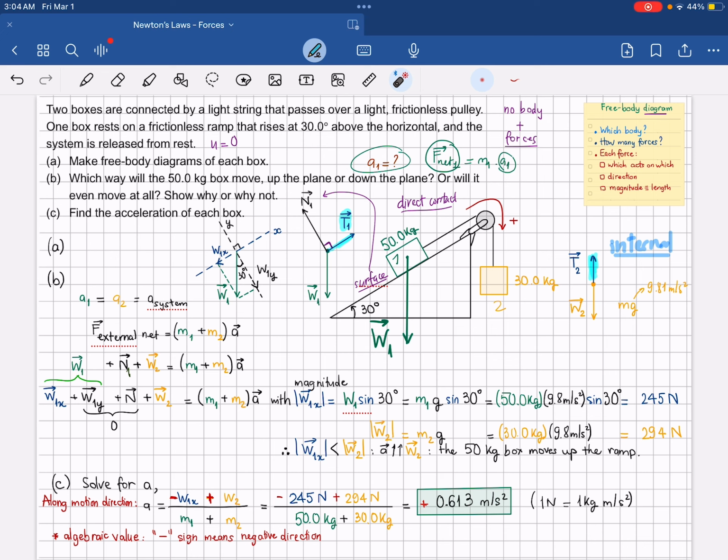And then from here we can see the problem is a little bit more complicated compared to other problems, because here we can see that if the weight goes this way, and then this one goes this way, there are no forces in the same direction that make the addition simple, because they are vectors.